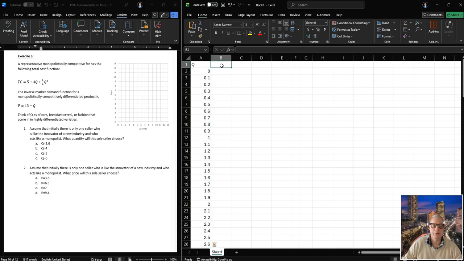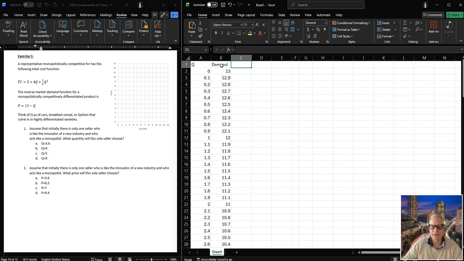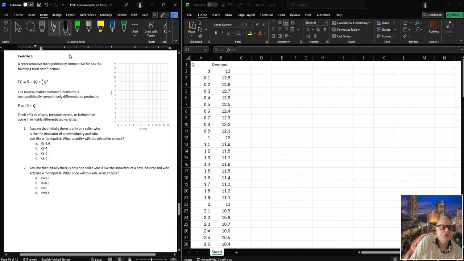Okay, so now I create the demand function for jeans or breakfast cereal or cars, and that is equal to 13 minus Q. Now I copy this down. Now we need the marginal cost function and the average total cost function. The marginal cost function is the first derivative of the total cost function, so the 5 is gone.